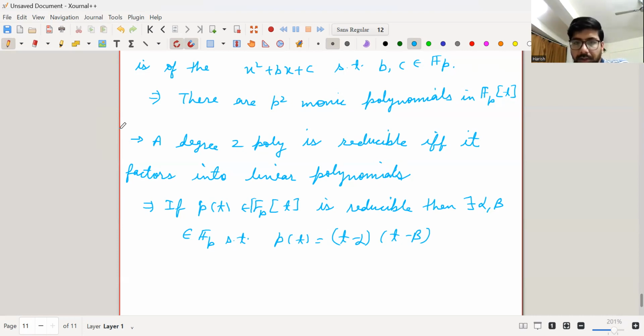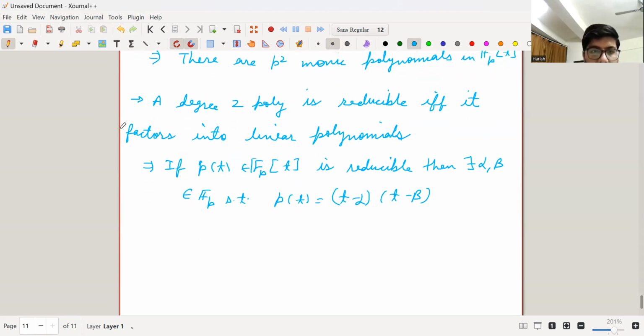So how many reducible polynomials are there?